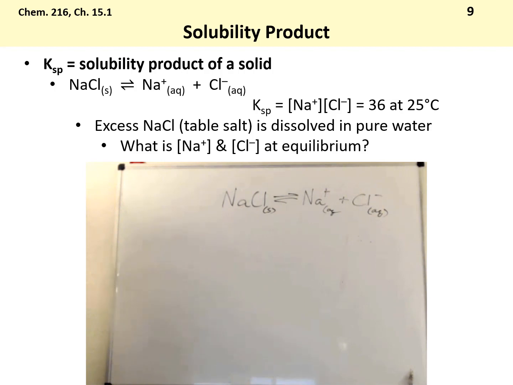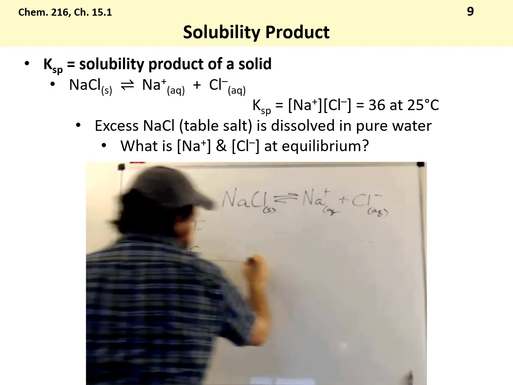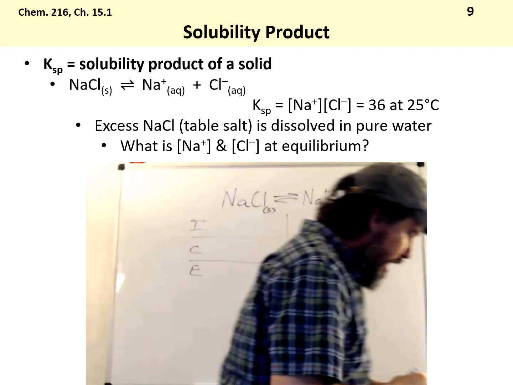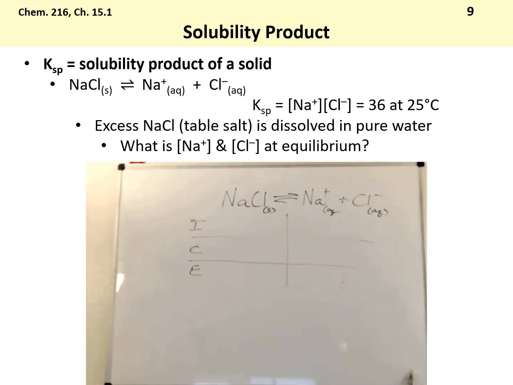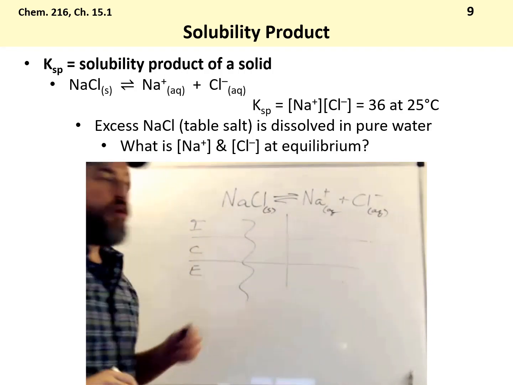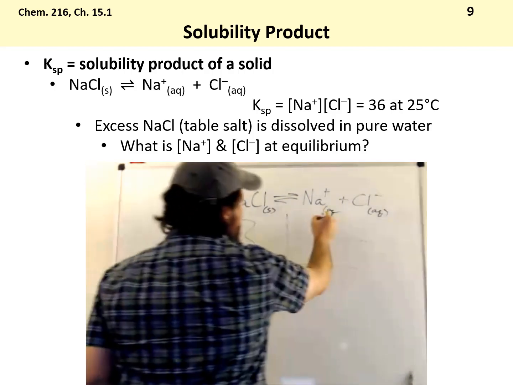All right, so we're just going to do an ICE problem. When we do this ICE problem, what do we start with? We're told that it's pure water, and pure water is not going to have any sodium or chloride to start with. So these are going to be 0.